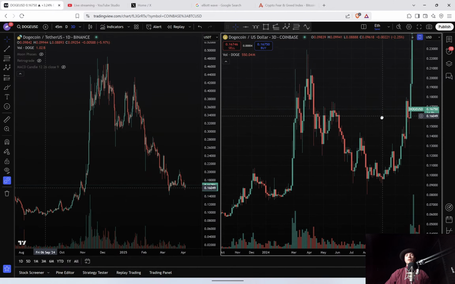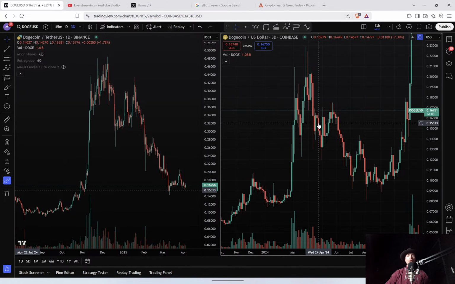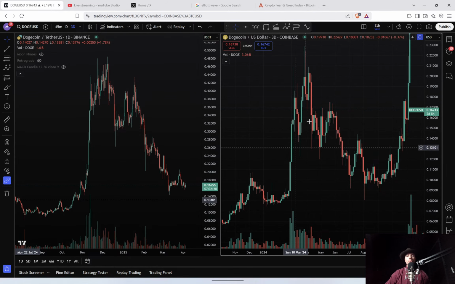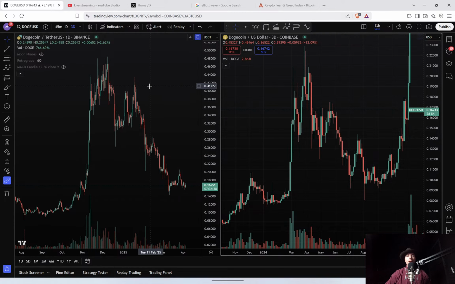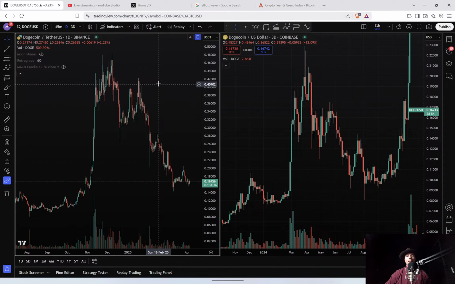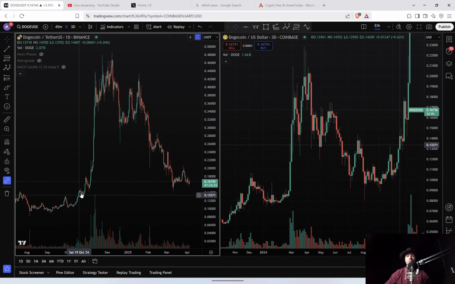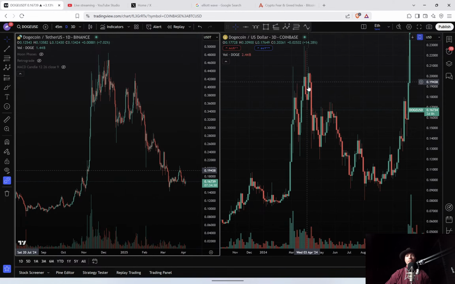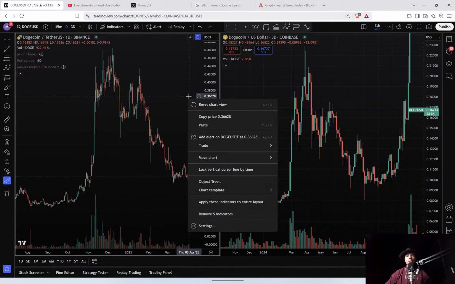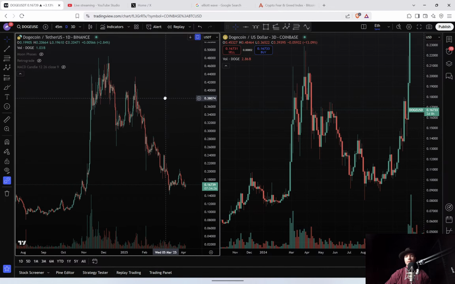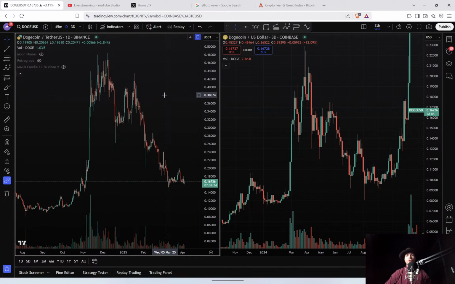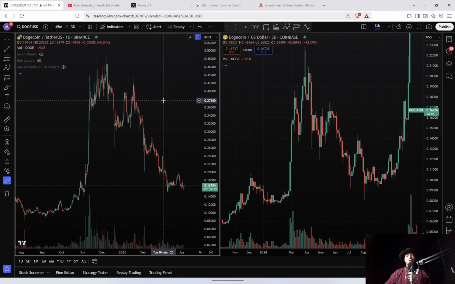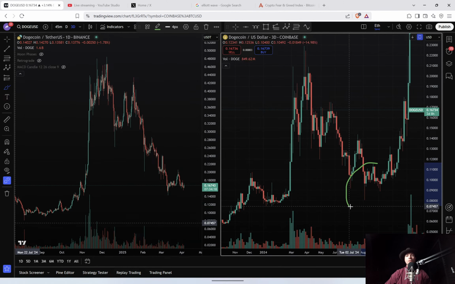Basically what you can see here is Dogecoin last year. Okay, so here's Dogecoin last year, and here's Dogecoin this year. Well, and a little bit of last year too, right? But this is our cycle that we did last year, and this is our cycle that we're currently doing. If you look at these two charts, there's a lot of similarities, and one of those similarities is this right here.